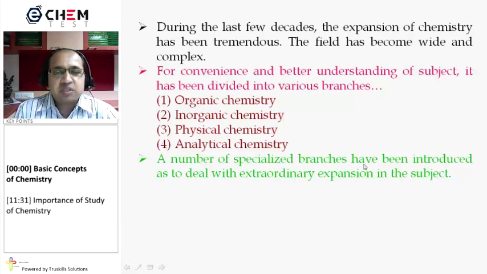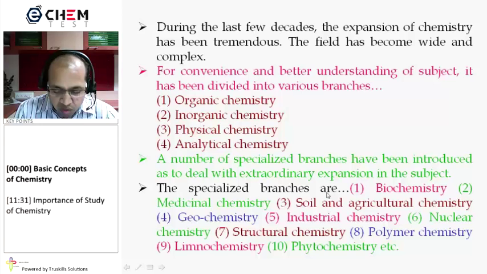A number of specialized branches have been introduced to deal with the extraordinary expansion in the subject. To focus in a more detailed way, the 4 main branches of chemistry are further divided into various branches like biochemistry and medicinal chemistry.